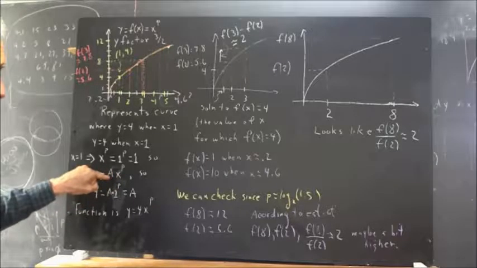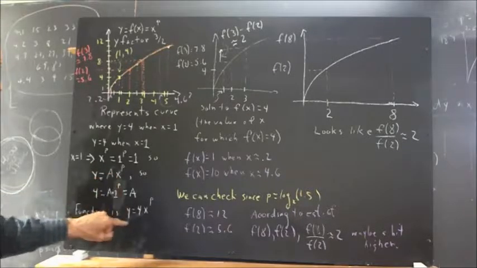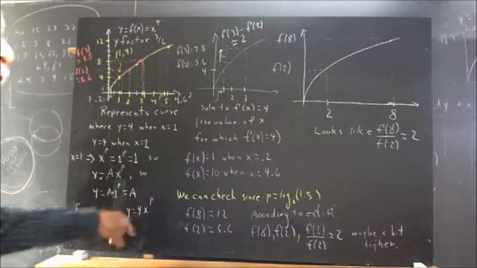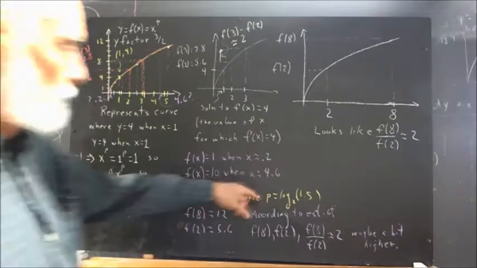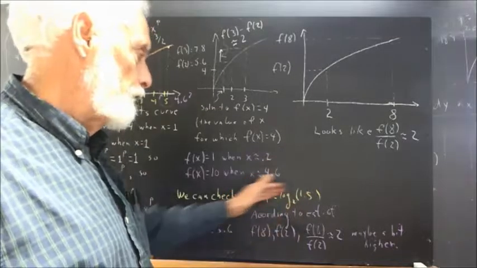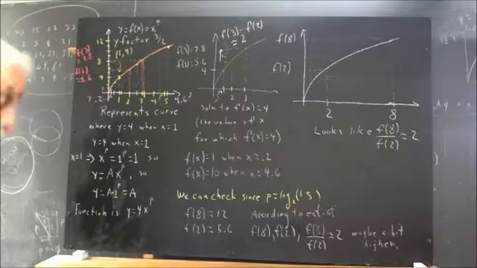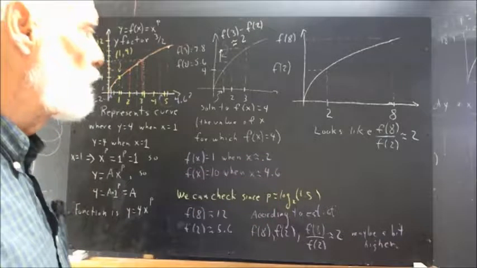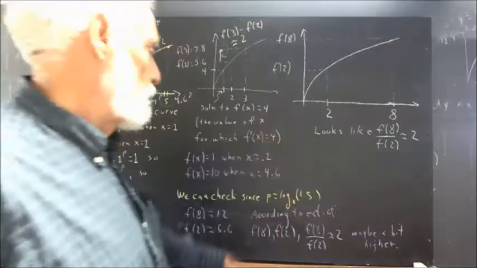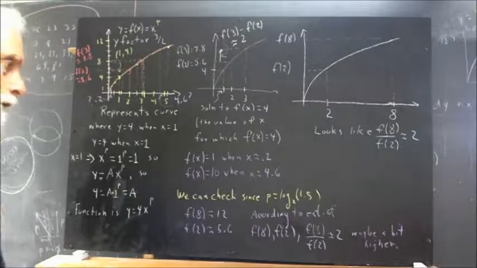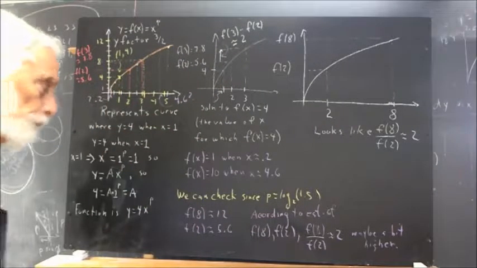If a equals 4, then y equals a x to the p is y equals 4x to the p. So this is a graph of y equals 4x to the p. And we know that p is log base 2 of 1.5. We talked about how to calculate that, and that's easy to punch into your calculator. You do log 1.5 divided by log 2, and you get the actual formula for the function, so you can compare the results.